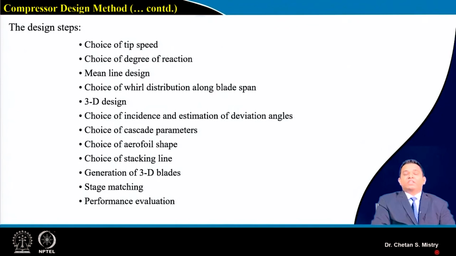In the same way, the deviation we are deriving using Carter's rule initially, and afterwards, based on computational tools or experimental results, we come up with some numbers and incorporate them in making our blades, and that's what we have defined as the blade metal angle.